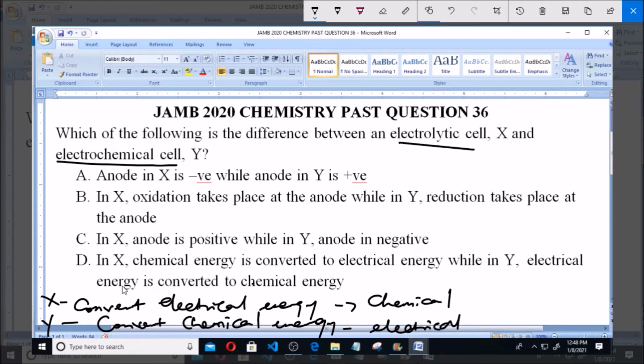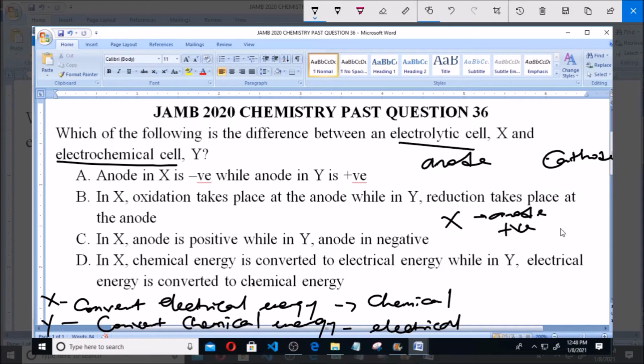Now both electrolytic cells and electrochemical cells have what we call the anode and the cathode. Now for the electrolytic cell, the anode is positive, so for X, the anode is positively charged.